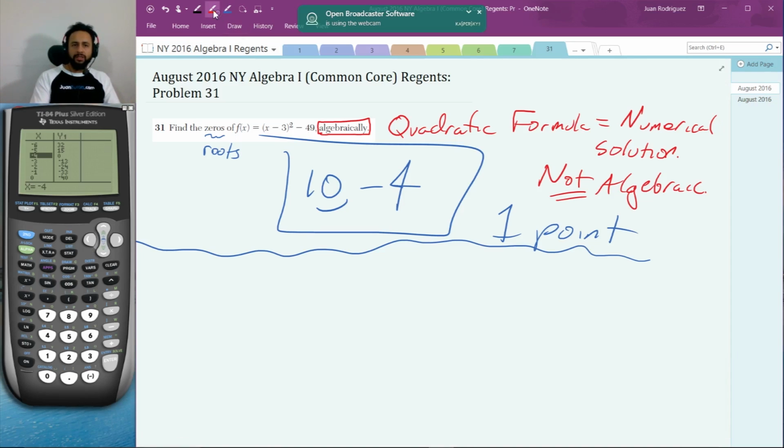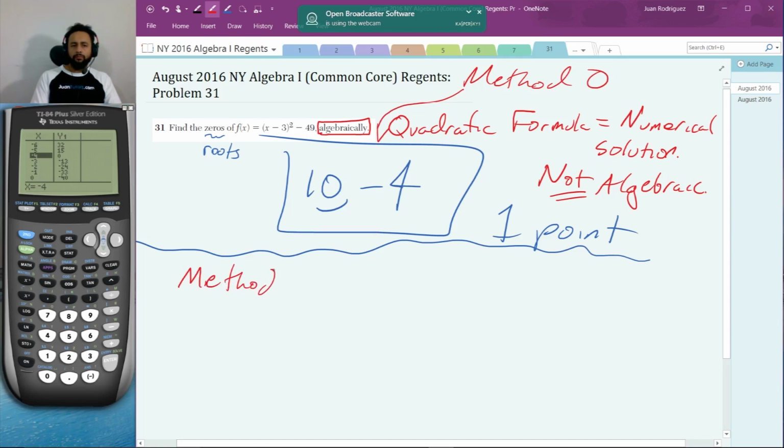So let's call this method 0, because it doesn't give you full credit, but it gives you something. But with method 1, we're going to go for the algebraic method now.